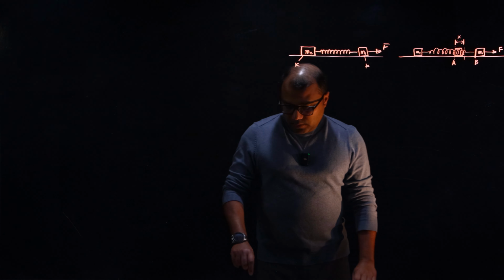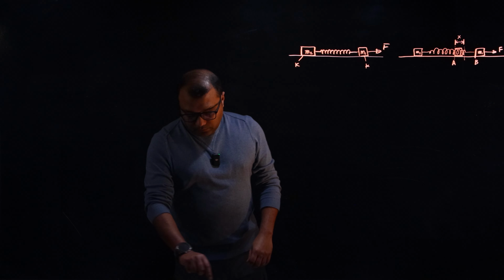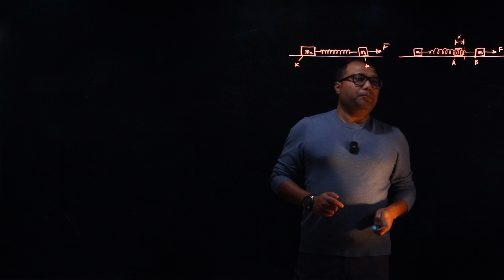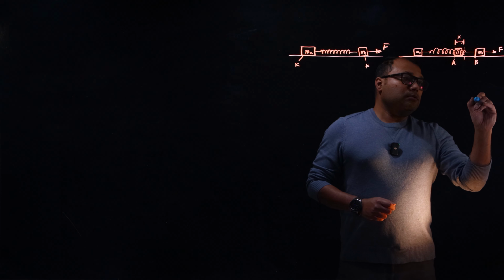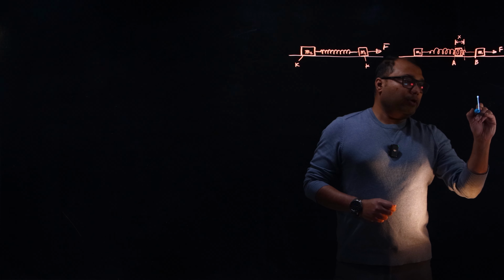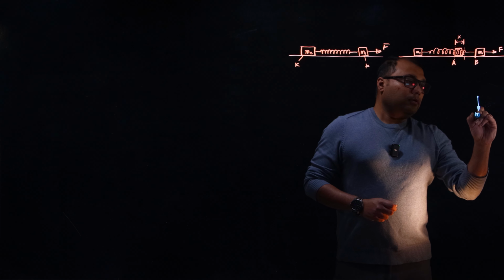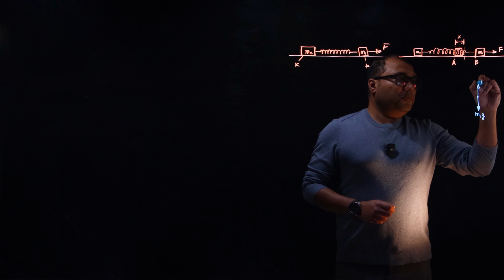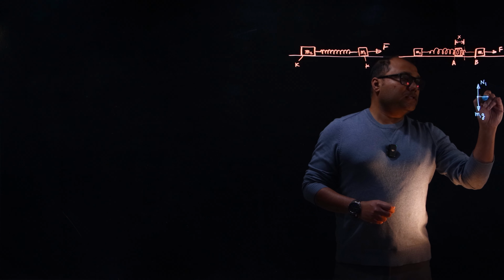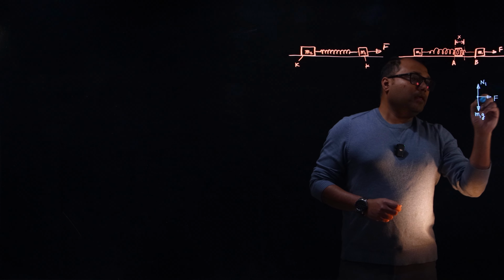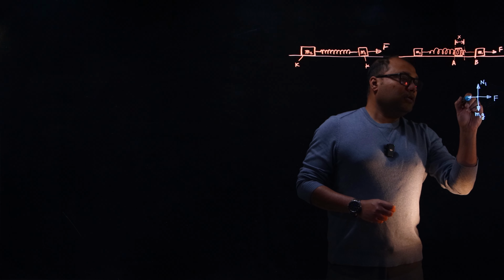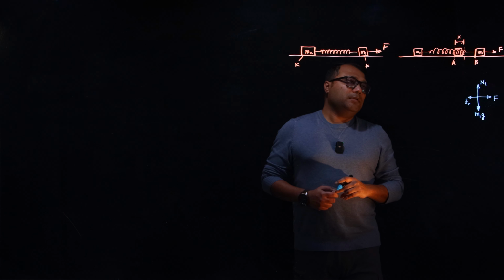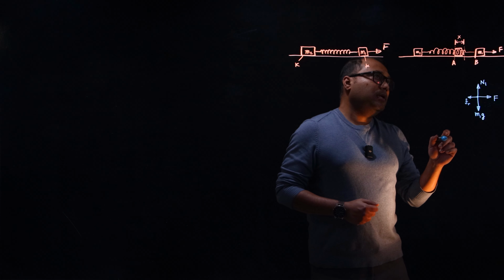Now let's draw the free body diagram for m1 and m2. For m1, we have the force of gravity, a normal reaction, this force F, and some friction in the opposite direction of motion.